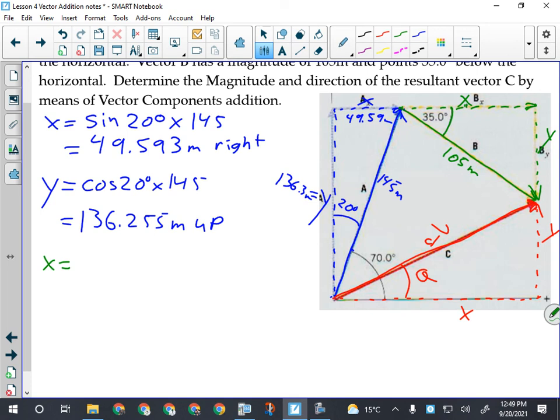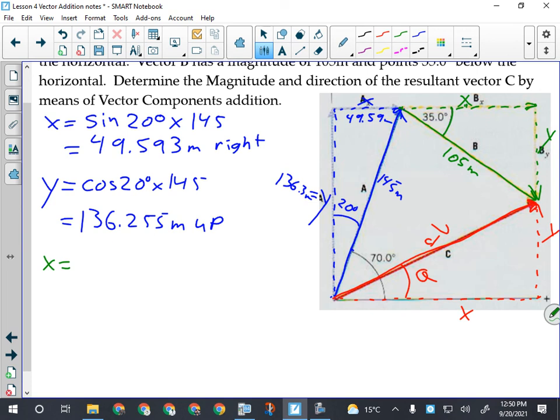Which trig function do I use for the adjacent side? I know the hypotenuse, and I know the angle. So I use sine, cos, or tan. Cos, yeah. Cos is adjacent over hypotenuse.